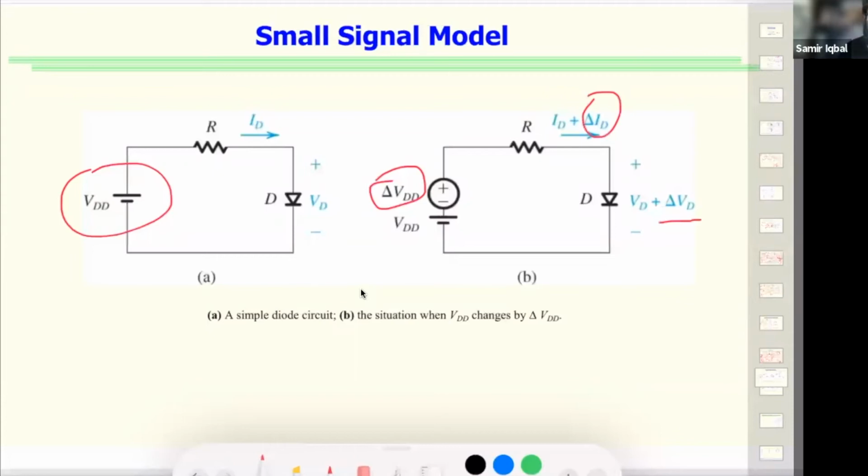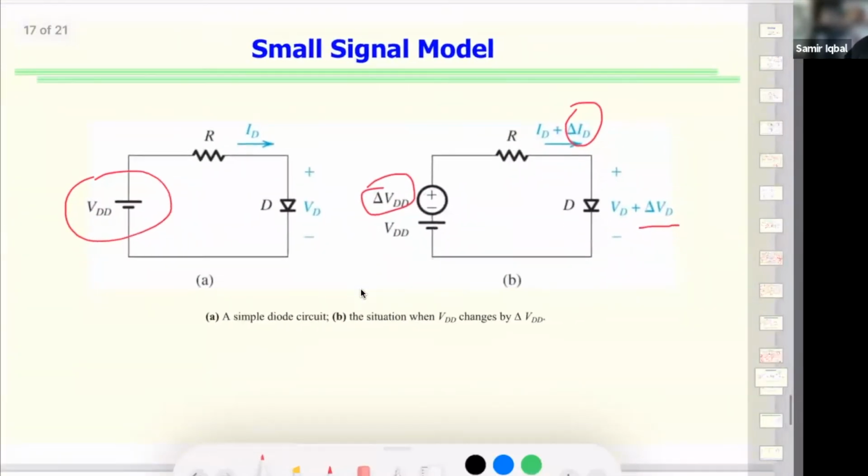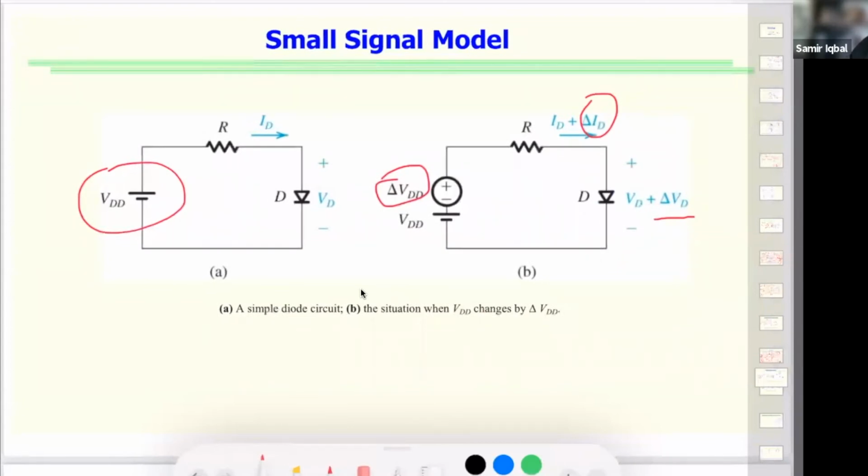That's where we develop this small signal model for the diode, and we see what the changes are and how delta VD is kept small. All right, so let's start writing some fundamental relationships for that. VD is now time dependent, right? So we write this signal with a small v here.